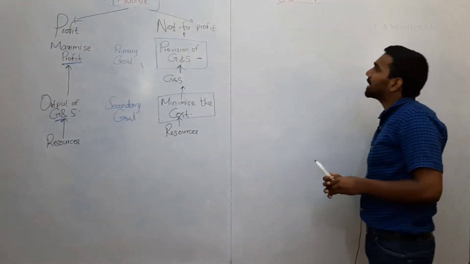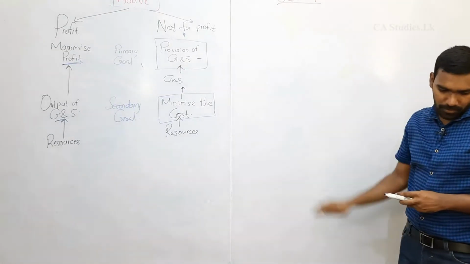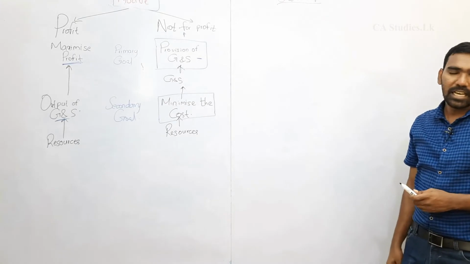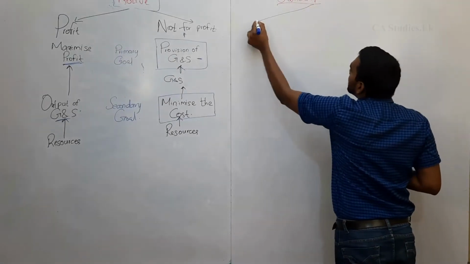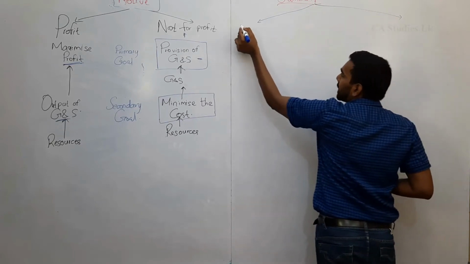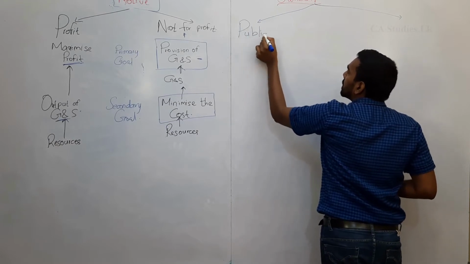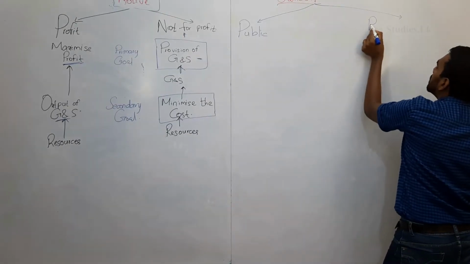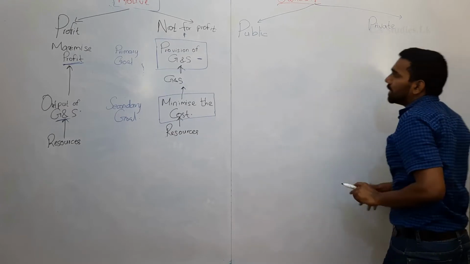So the second classification of organization is based on the ownership of the entity, right? Here it's mainly classified into two categories, whether it's public or private, right?